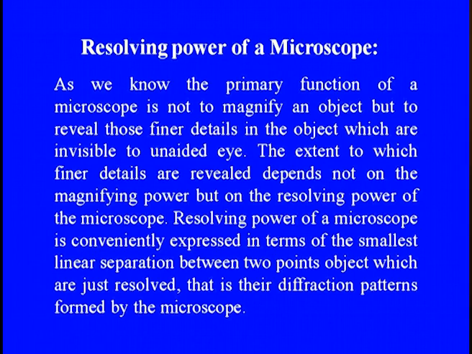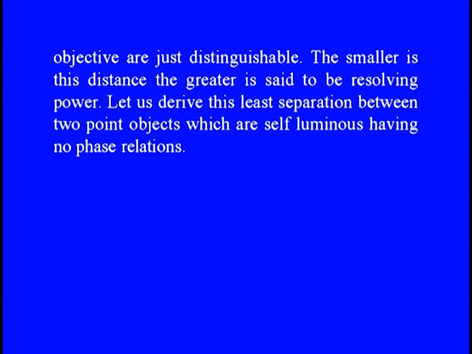the microscope. Resolving power of a microscope is conveniently expressed in terms of the smallest linear separation between two points of the object which are just resolved, that is, their diffraction patterns formed by the microscope objective are just distinguishable.